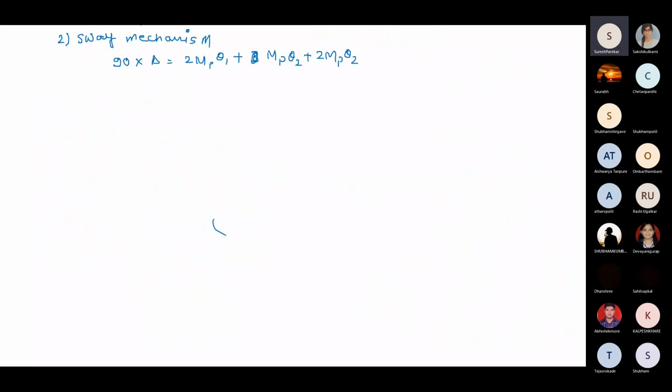Then we will substitute the values. So we have 90 into delta is equal to 2 MP delta by 4. Now both are θ2, therefore I will write 3 MP into delta by 5. Delta gets cancelled. So we have 90 is equal to 0.5 MP plus 0.6 MP.